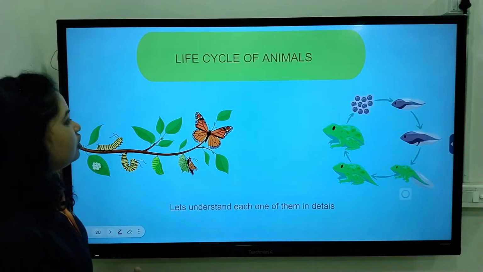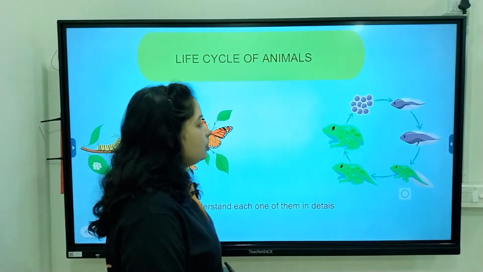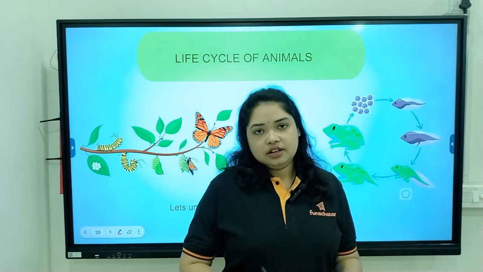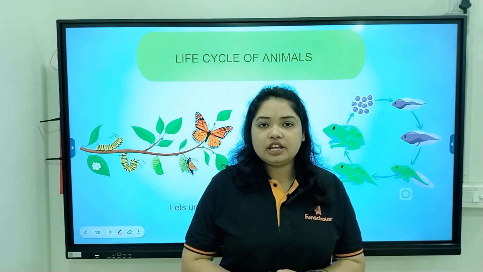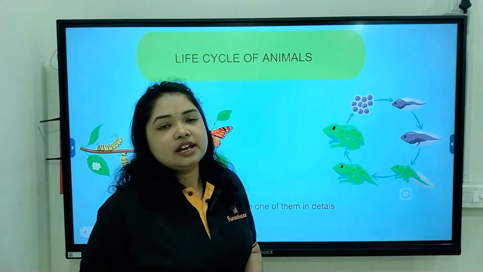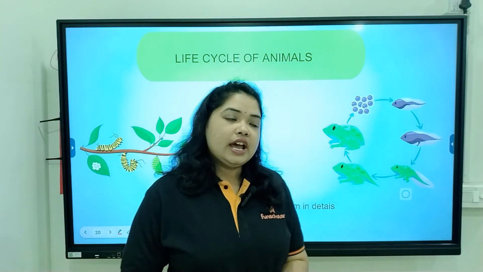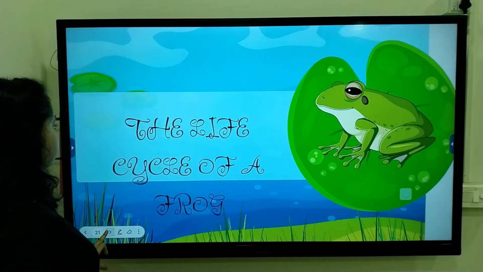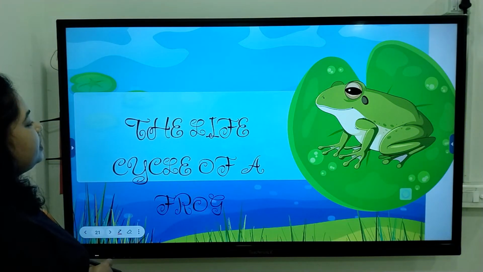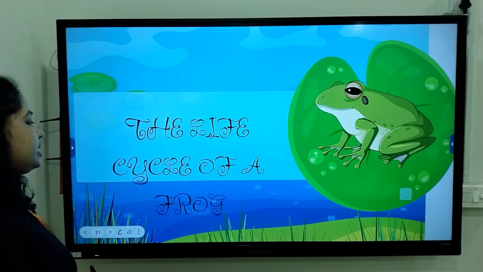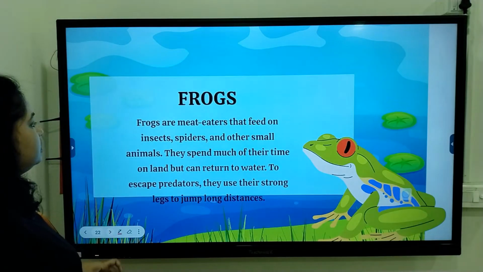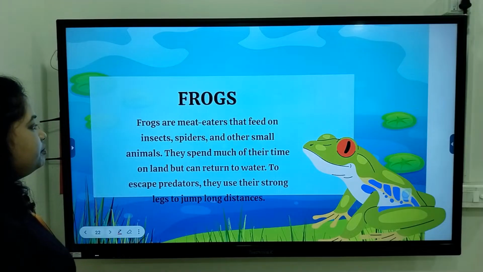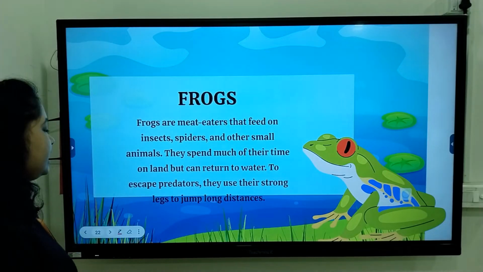Now the life cycle of animals, as I told you, is the last section of this chapter, in which we will try to understand the life cycles of animals such as the frog and the butterfly. Coming to the first one, the life cycle of a frog. Frogs are meat eaters that feed on insects, spiders, and other small animals.